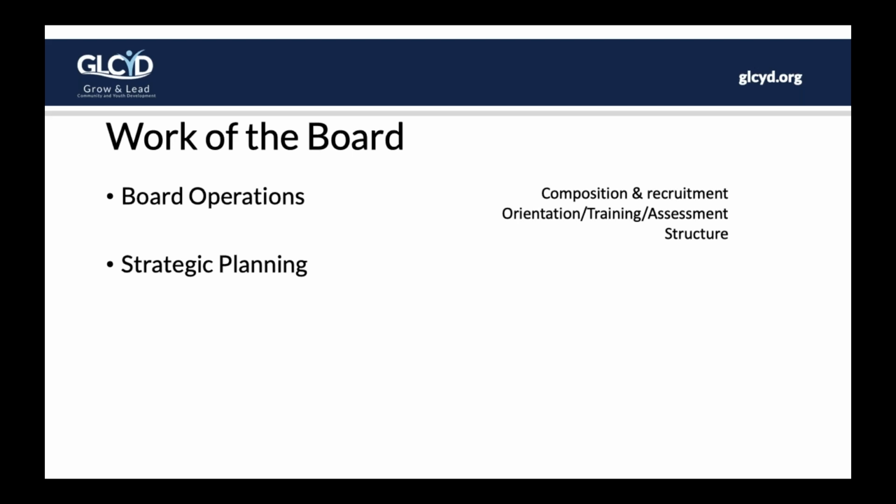So the board really needs to work closely with your paid staff leader to come up with the direction of the organization, and not simply say, oh, our CEO or executive director will figure that out and we'll just rubber stamp it. That's not your role.